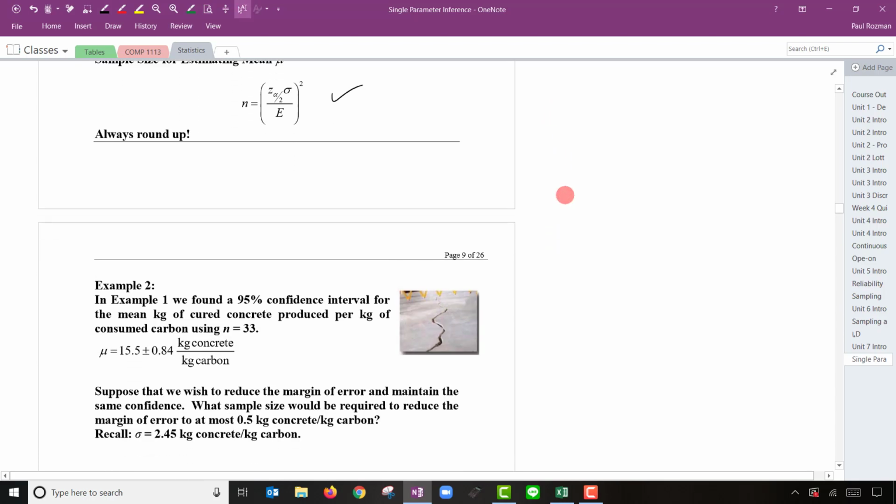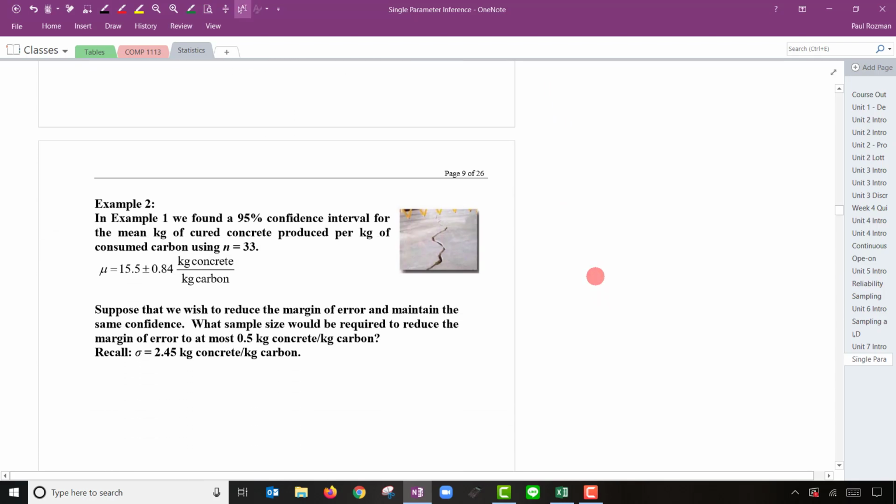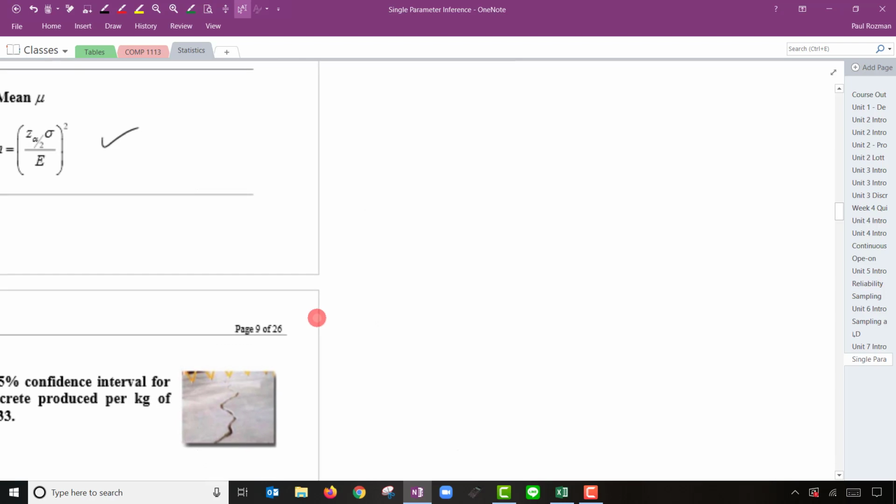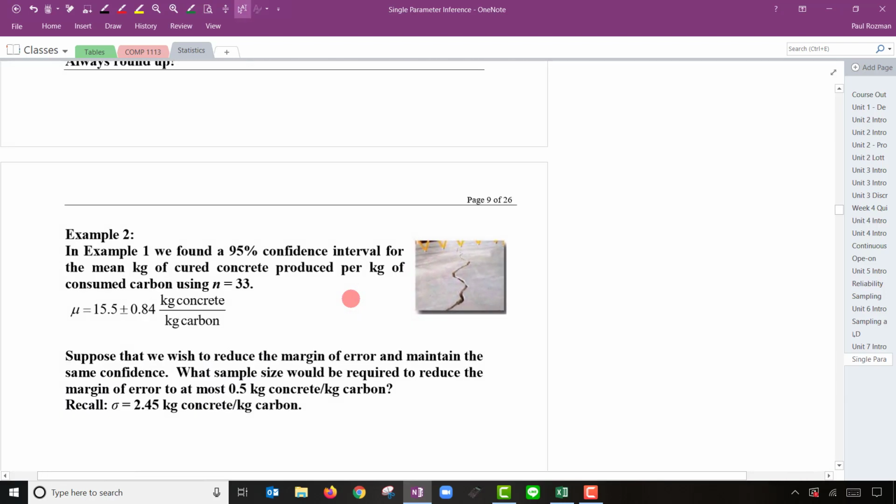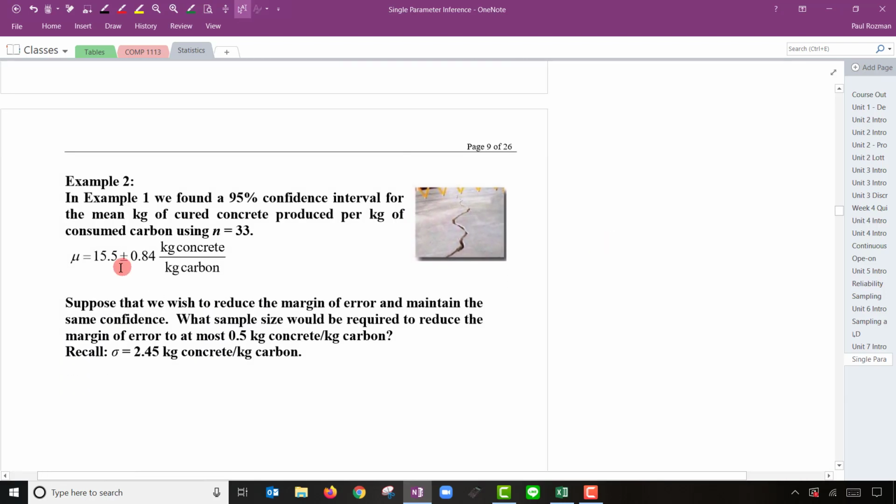The example that we were doing was a 95% confidence interval for the mean. And this was our answer: 15.5 plus or minus 0.84. And that was at 95%. So I'm just reminding us of that value.